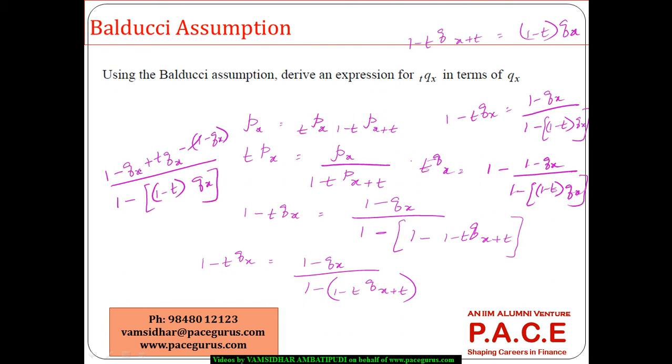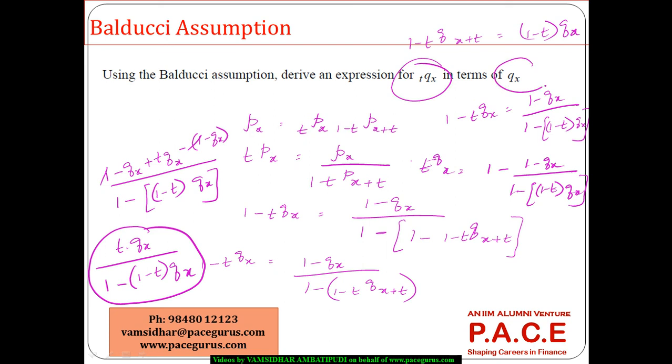So this 1 is going off, minus qx plus qx is going off, coming out as tqx, t times qx divided by 1 minus of 1 minus t times qx. So this could be a formula wherein I am writing tqx exclusively in the form of qx using the Balducci's assumption.